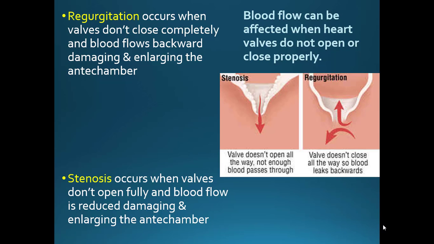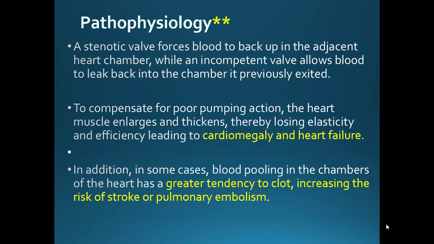In both cases, forward blood flow is reduced, although more so with stenosis. And in both cases, the antechamber receives more blood than it was designed to receive. That backflow of blood can lead to hypertrophy and muscle weakening. A stenotic valve forces blood to back up into the adjacent heart chamber, while an incompetent valve allows blood to leak back into the chamber it previously exited.